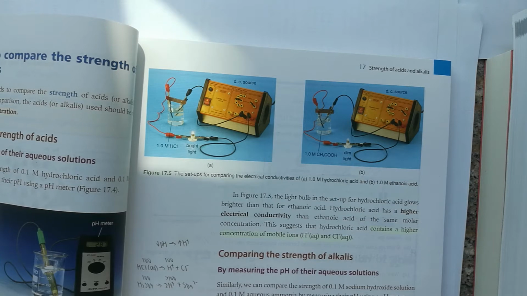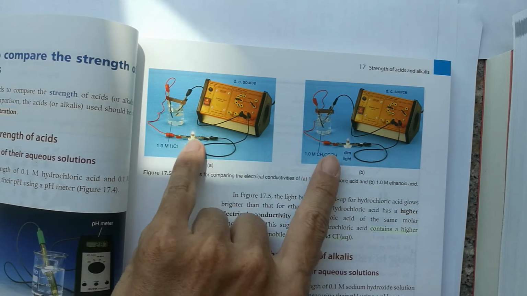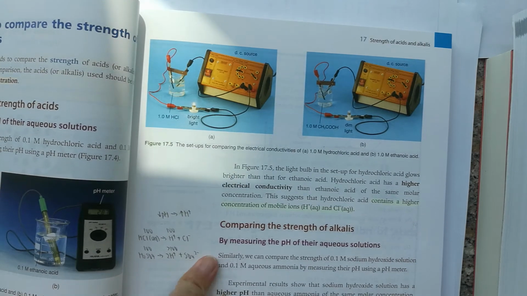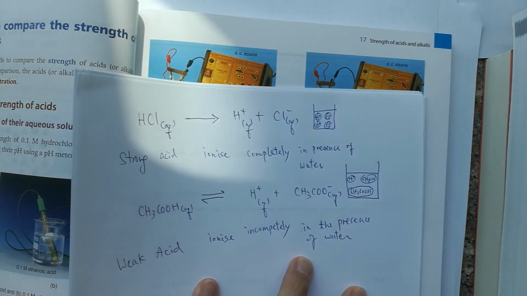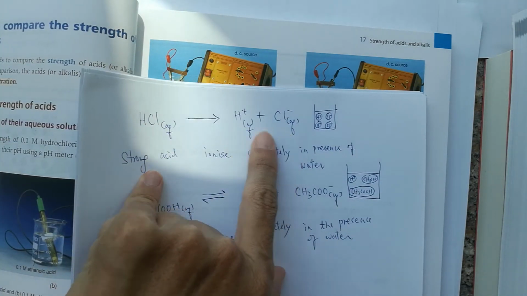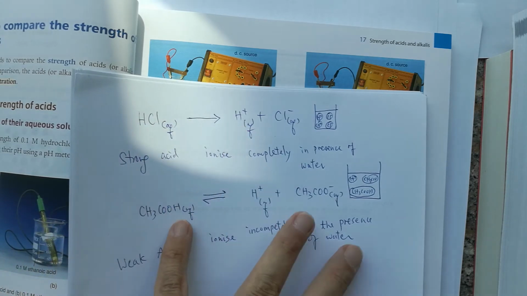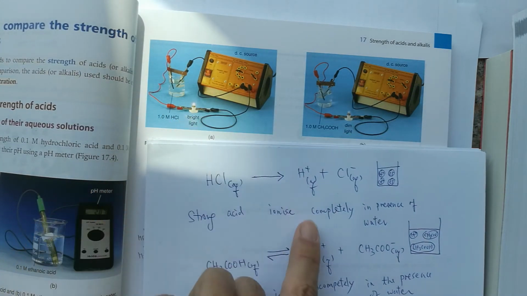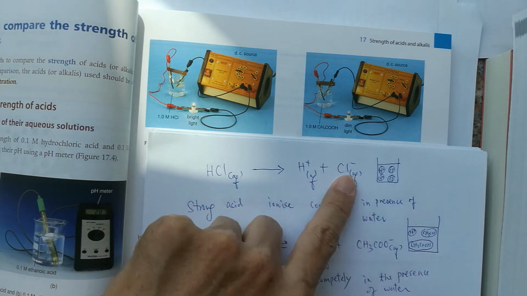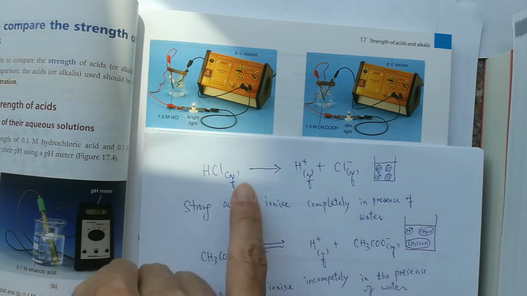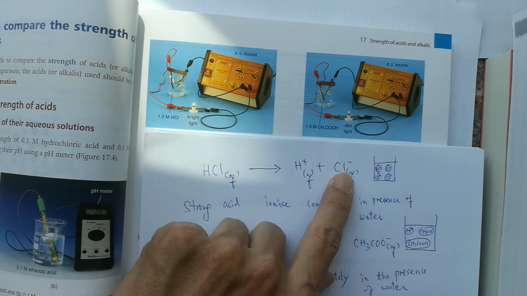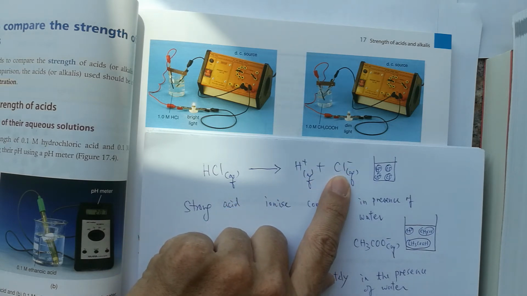Then that is the result. The reason behind it, we need to use the number of ions. For 0.1 M HCl, it has 0.1 M H plus and 0.1 M Cl minus ion. For 1 M HCl, it has 1 M H plus and 1 M Cl minus.